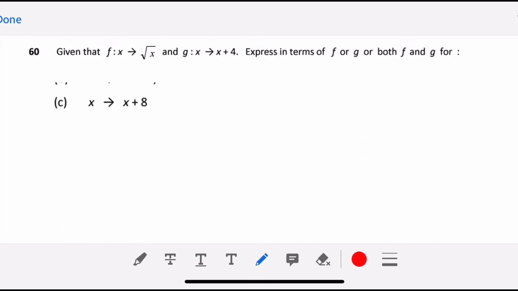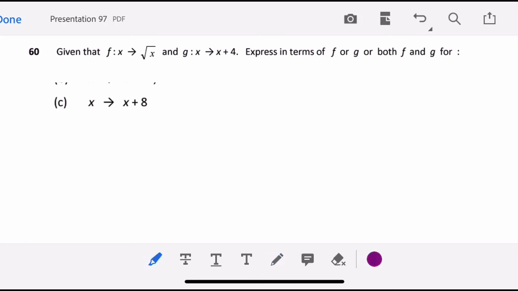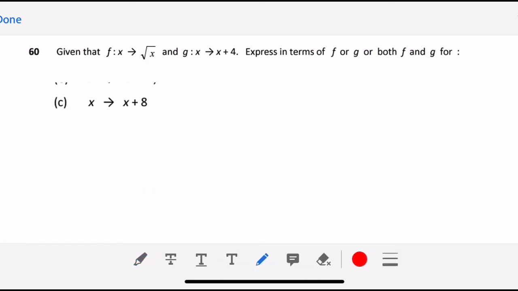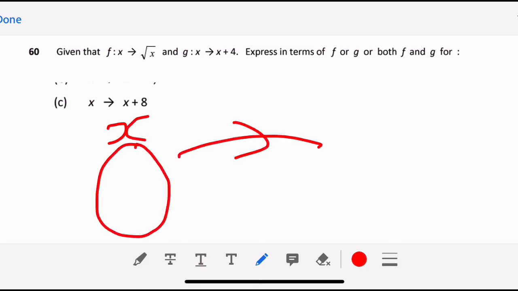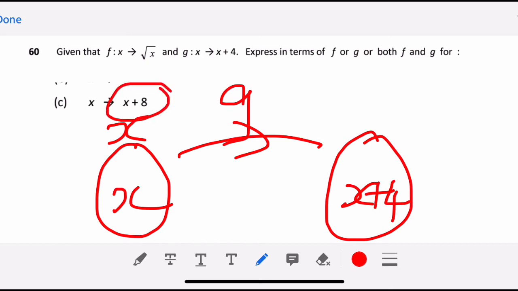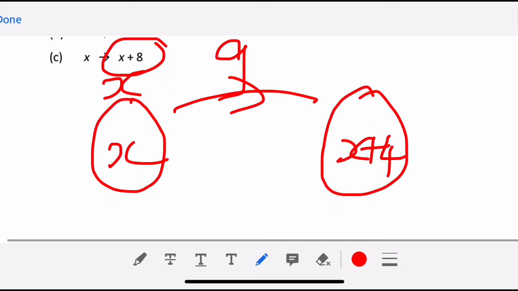Okay, I have explained the B. Now for C, if you look at that, it's quite simple, right? C is a bit simple. You can see from there. For C, if I have the x here, I have the g here, the x will go to x plus 4. But I look at that is plus 8. So how am I going to do so that I will get plus 8?